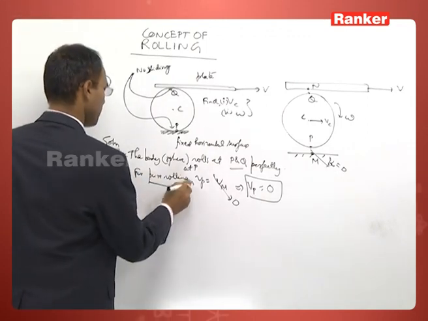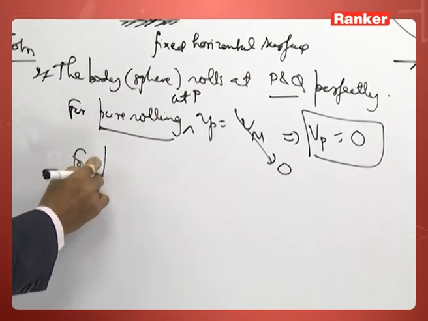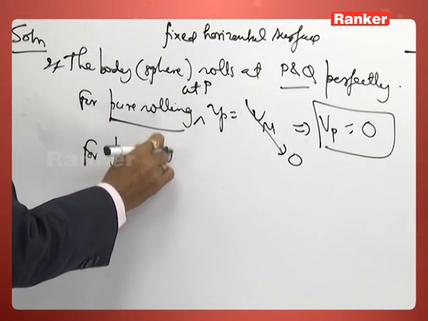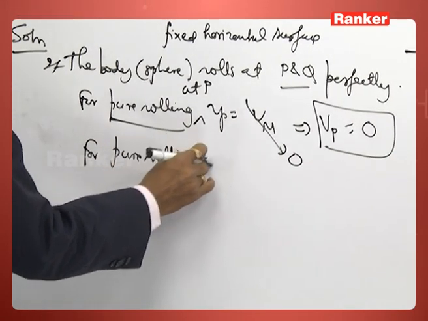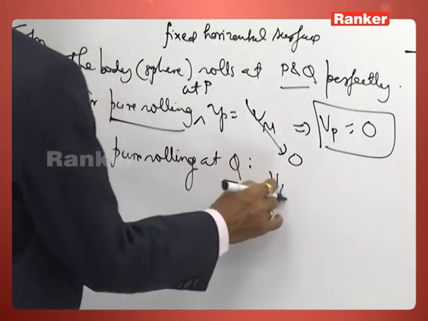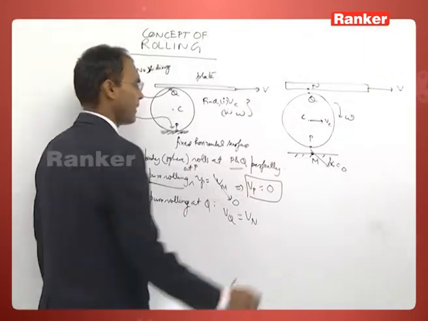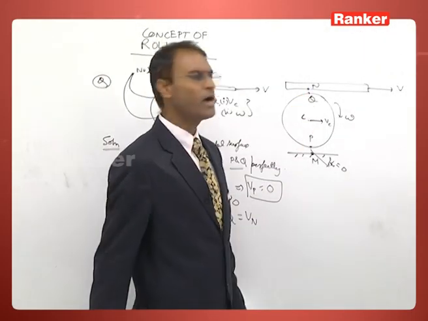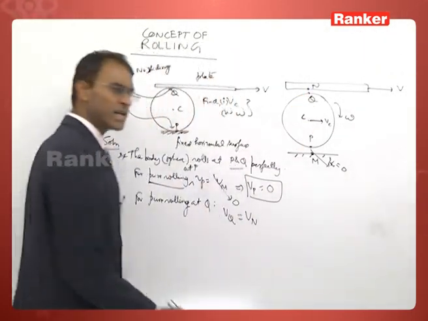Pure rolling at P, for pure rolling at Q. Vq must be equal to Vn. These 2 points must be having the same velocity as per the condition of pure rolling.